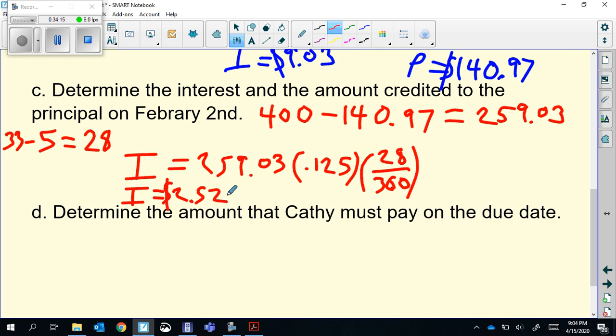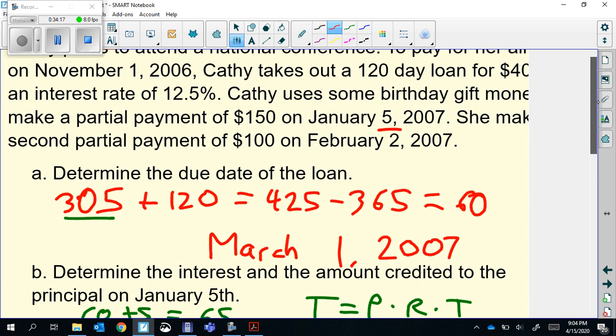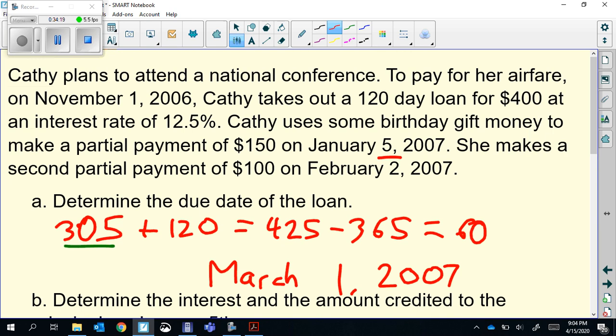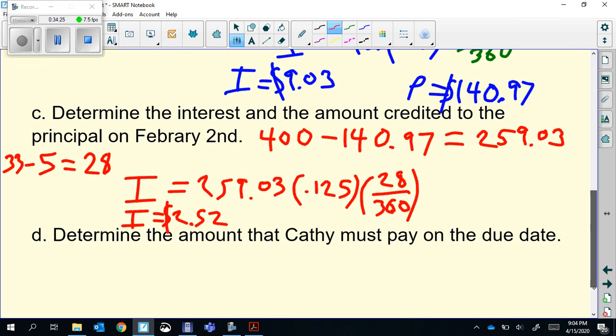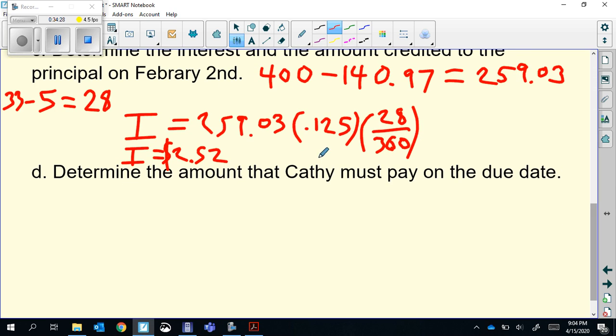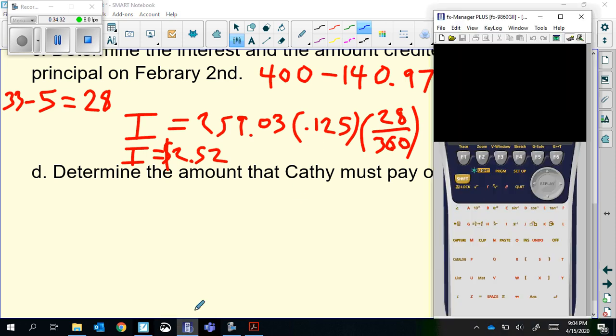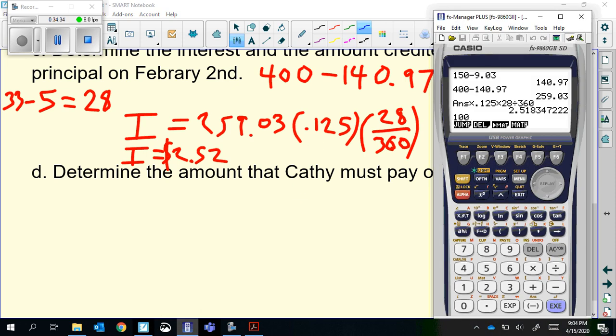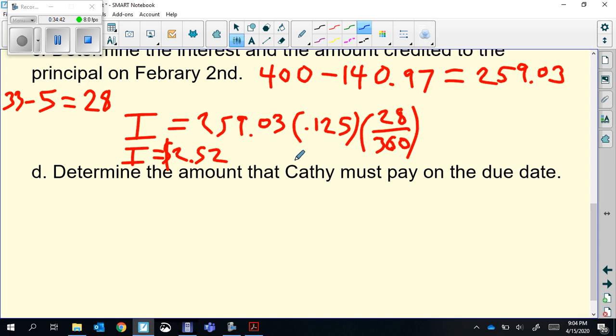For her payment, first they pay the interest, $2.52, and then the rest of the $100 goes to principal. So 100 minus the 2.52. The rest of that, 97.48, goes to principal.